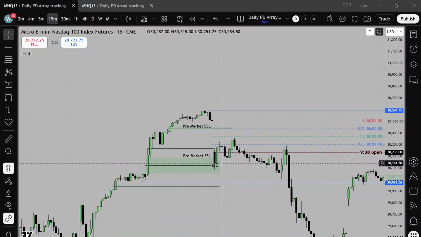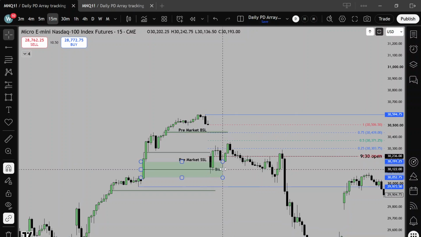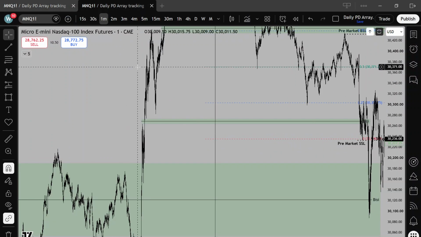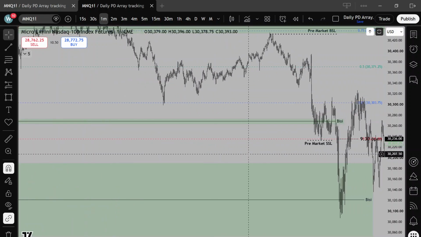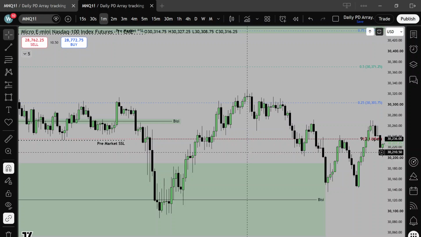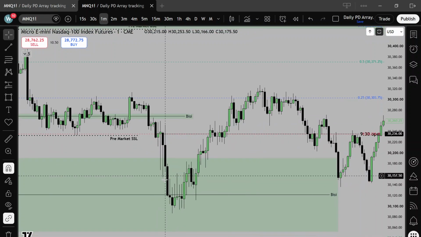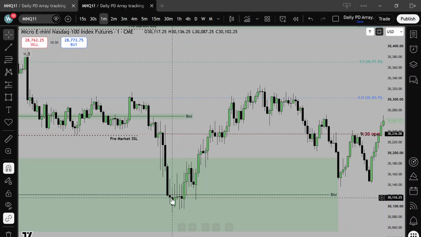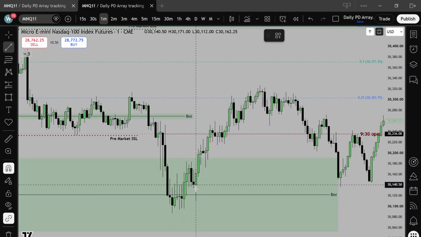It's actually the first use in regular trading hours of that BC. So as the market opens and trades down into it, here's the consequent encroachment of that 15-minute buy side imbalance, sell side inefficiency.